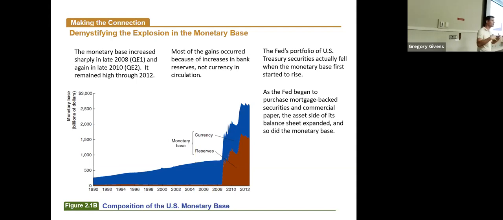The Fed took on a lot of their risky assets on their balance sheet.